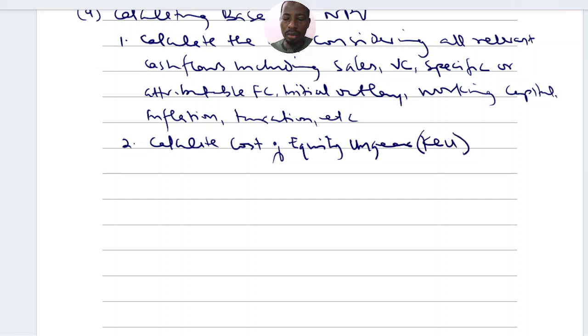How do you calculate cost of equity on gear? There are 3 different ways in which you can calculate the cost of equity on gear, depending on the information available for the proxy company.